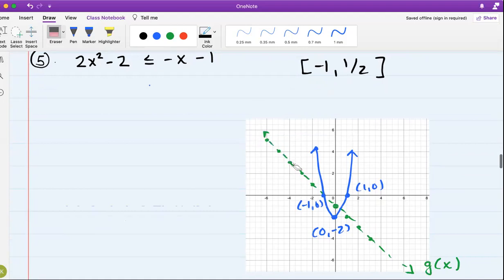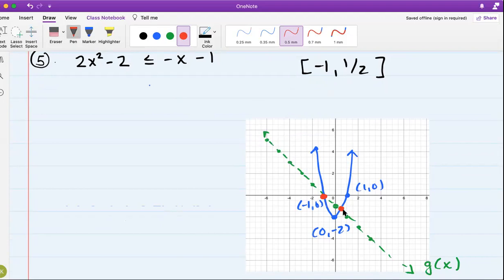So you can see, here's the line, and when are we less than this line? That means when are we underneath the line? When you have less than, that means you want to be underneath it, and when you're greater than, you're going to be above it. So from right here to wherever this intersects right here, that's when we're underneath that line.